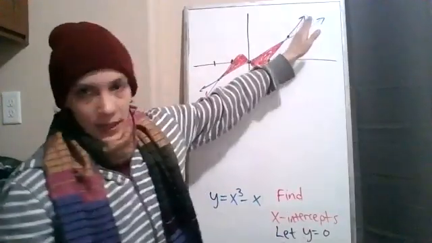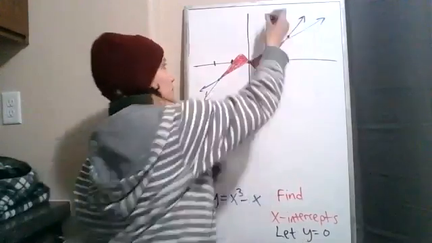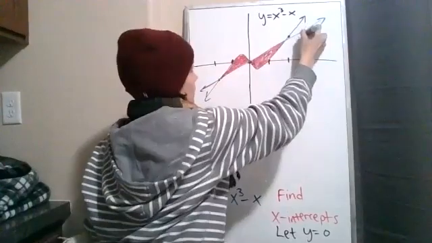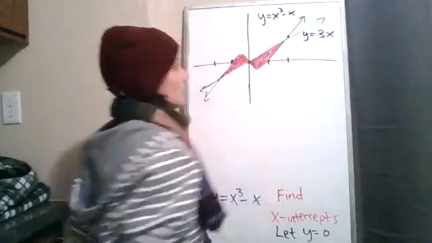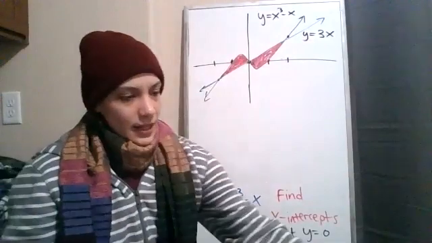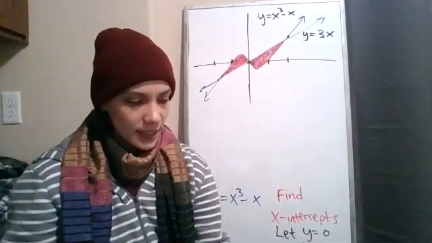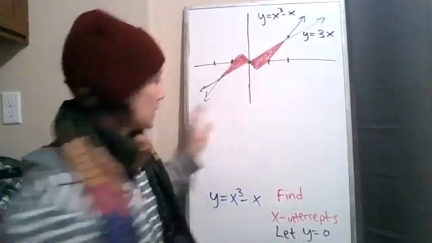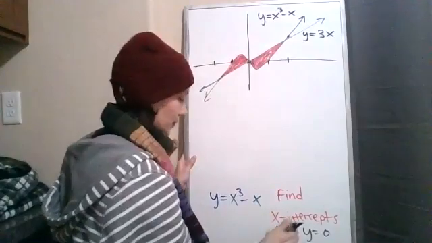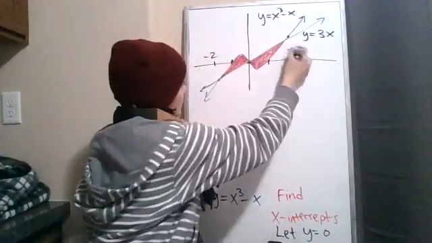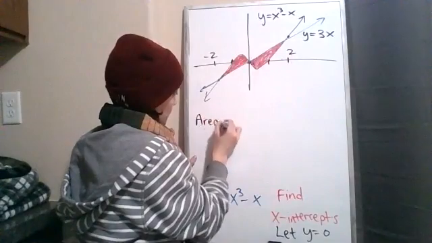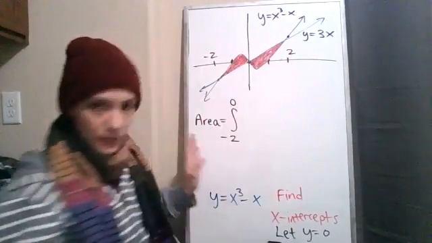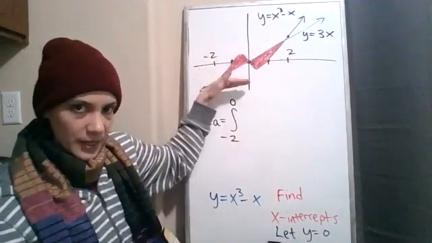Okay, this one was y equals x cubed minus x, and this was y equals 3x. Then I just wrote what this area is for the shaded region, just between -2 and +2. From -2 to 0, the top graph minus the bottom graph.